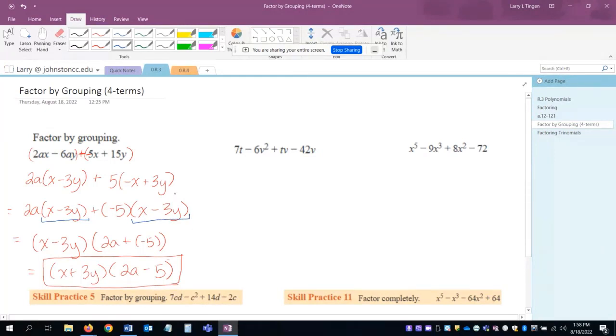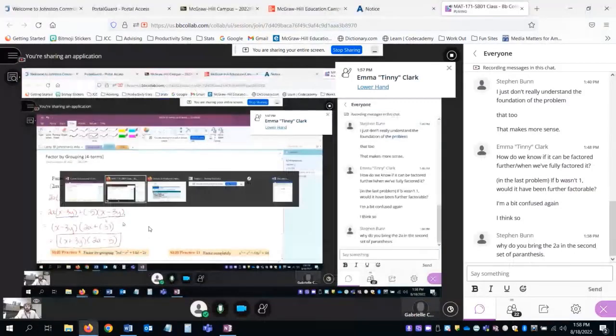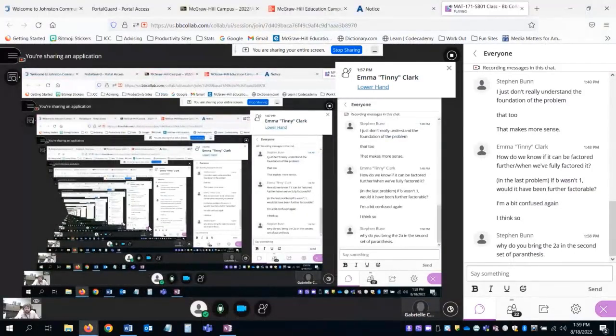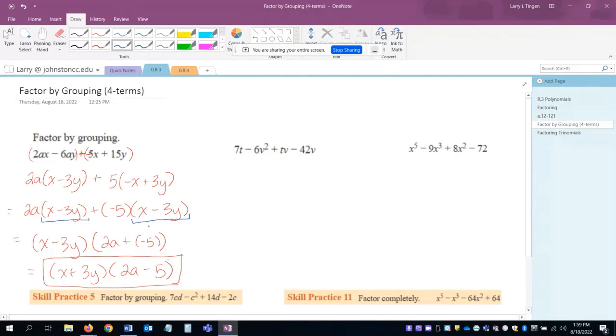This is a factor. The reason it's a factor is it is multiplied by the negative 5. Now, if you ignore the big picture, that's a binomial, right? What do you bring? The 2a in the second set of parentheses. Yes, perfect. So here's x minus 3y, here's x minus 3y, okay? Now, let's just pretend for 1 second, I'm going to let x minus 3y equal the letter b, all right?